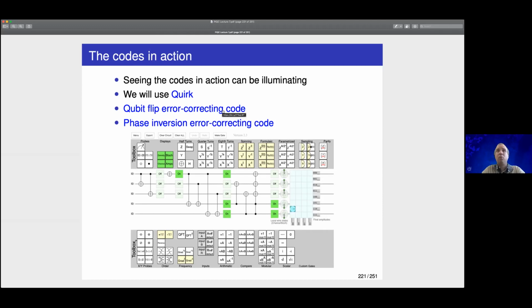Of course, you can also implement this in Qiskit, but I think it's more useful to see it this way. So let me change my screen sharing to my browser, and let me make this a little bit bigger. Okay, and let me show you here what happens.